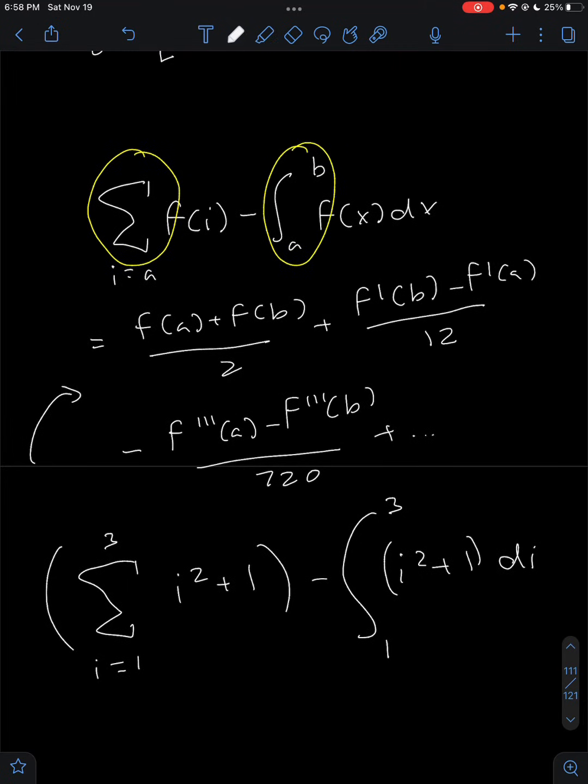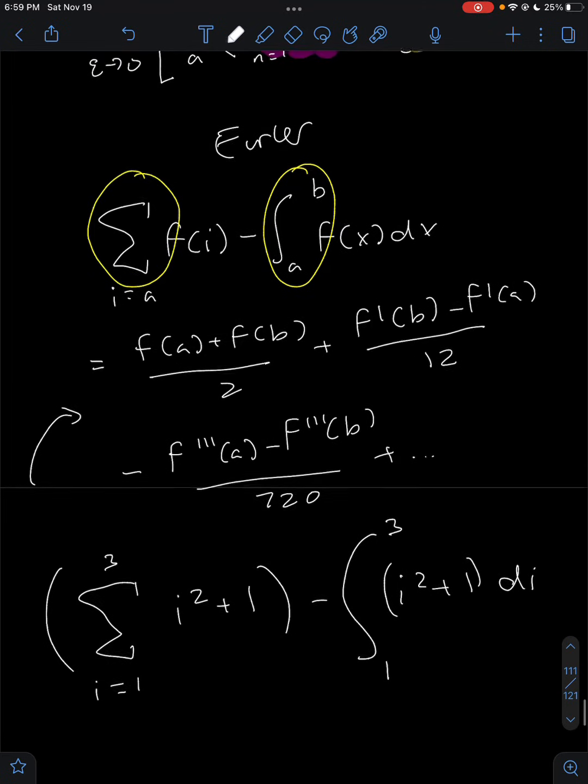The Euler-Maclaurin formula relates the difference between a summation and a closely related integral.